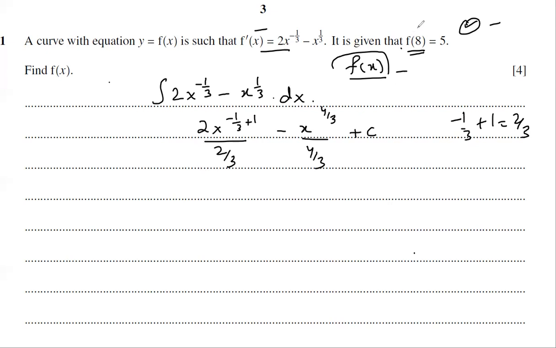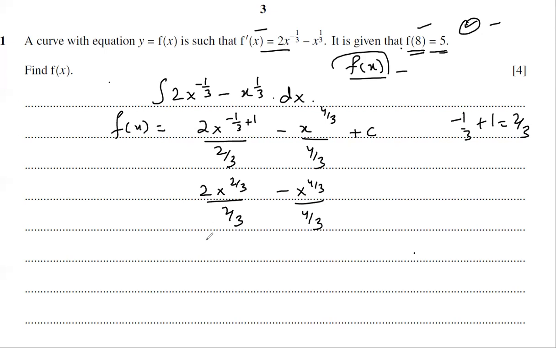Now we know the value that is given, f of 8. This is f of x now. But beware of the c, so we will use this part to find the value of c. Right? That's why it's so crucial. Okay, f of 8. So it has become now 2x power 2 upon 3 upon 2 upon 3 minus x power 4 upon 3 upon 4 upon 3.